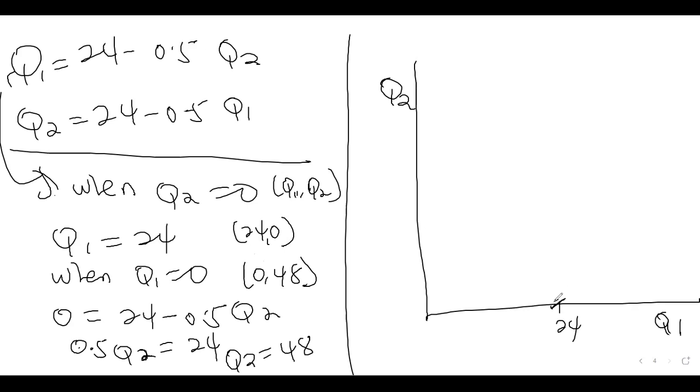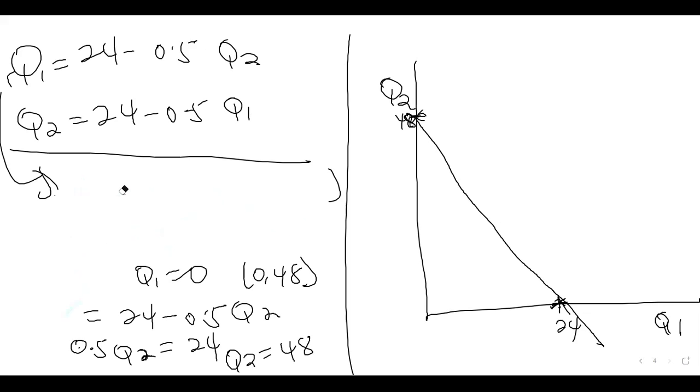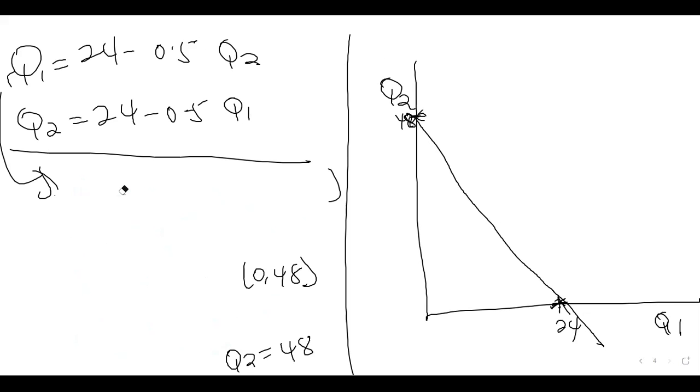Then let's say here is 48, then we will have 0, 48 here. Then we will draw our curve like this to cut through this. All right. So we are going to do the same thing for the second reaction function.